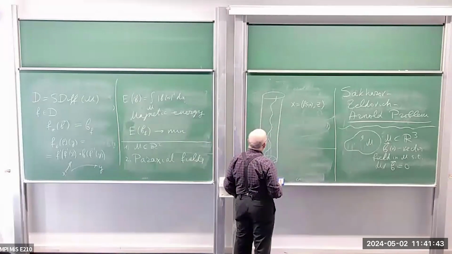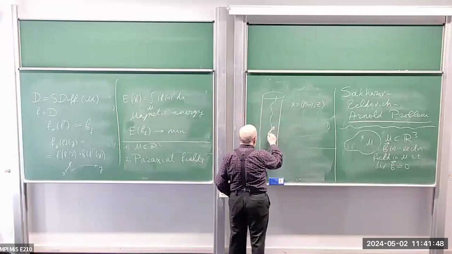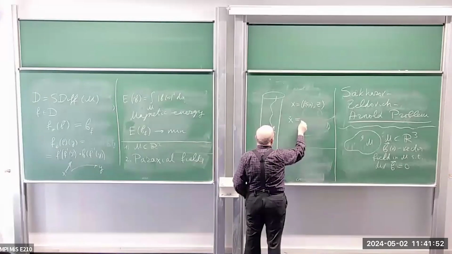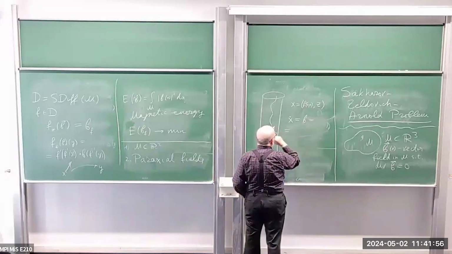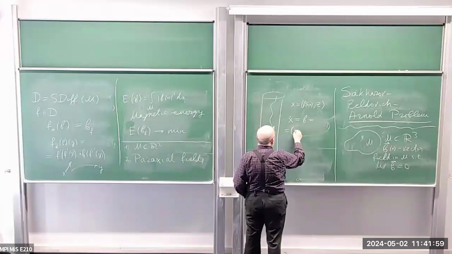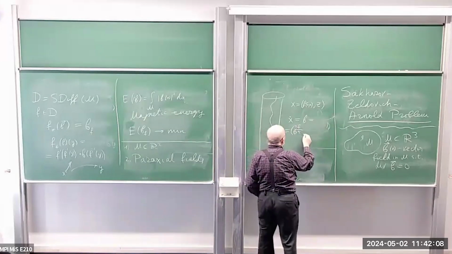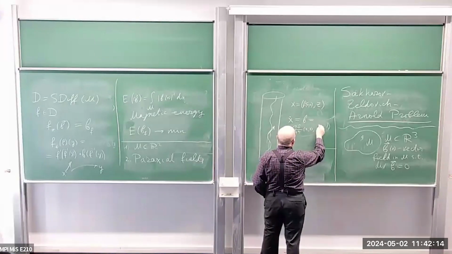Now we have the tangent, x dot equals B equals (df/dz of f(z), 1).